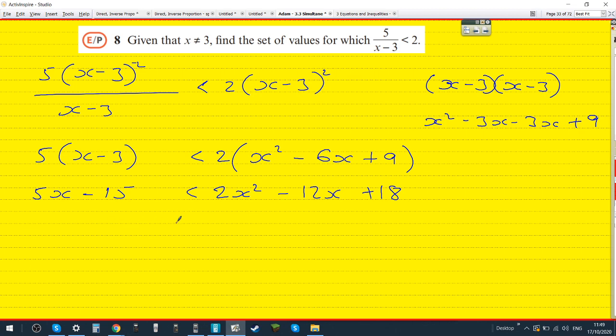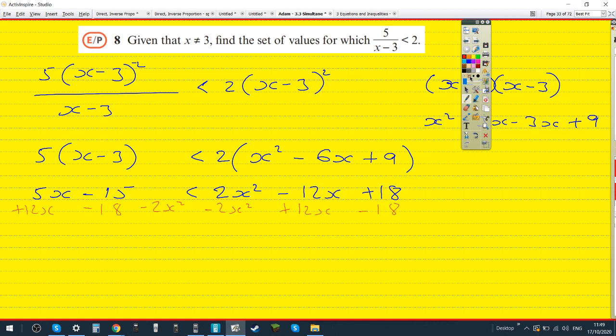And then you add 12x to both sides, so it'd be 17x minus 33 is less than 2x squared. And then you minus 2x squared on both sides, so it'd be 17x minus 33 minus 2x squared. And then you put it into the calculator.